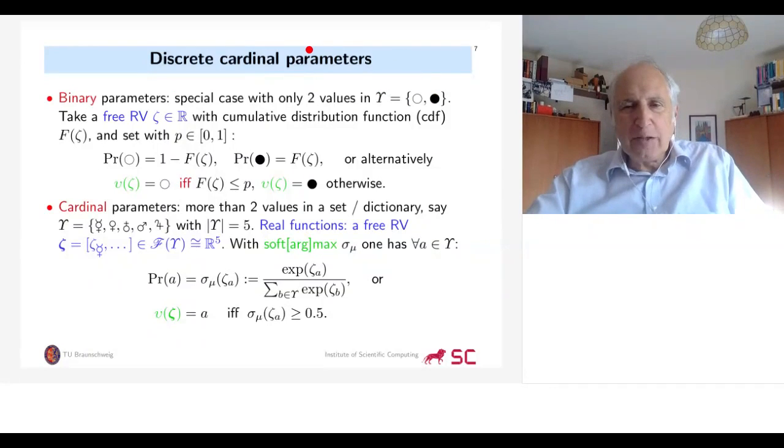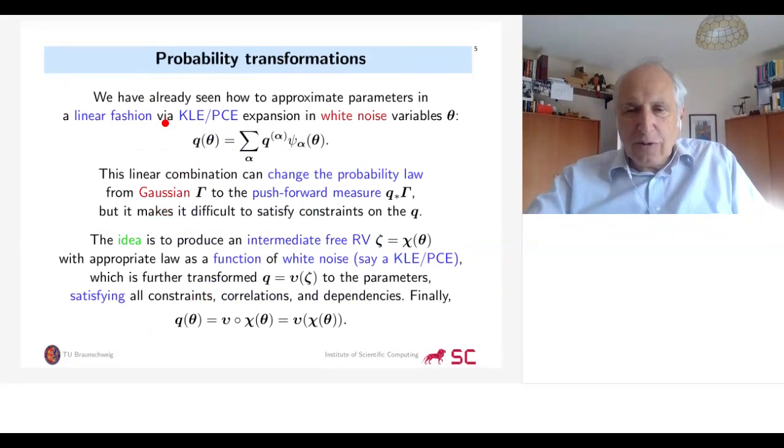So how do we model a random variable which has to be random here? There are two ways of doing it. One is to model the probability distribution, a binary distribution called the Bernoulli distribution. Or we model a random variable which takes these values. We take a free random variable which comes out of something like a PCE.